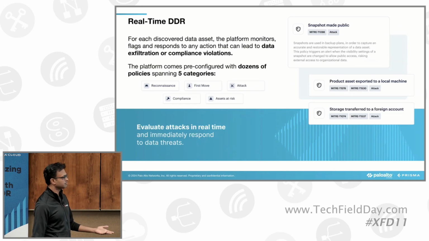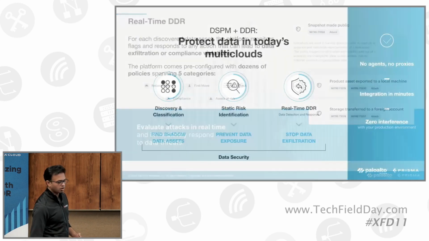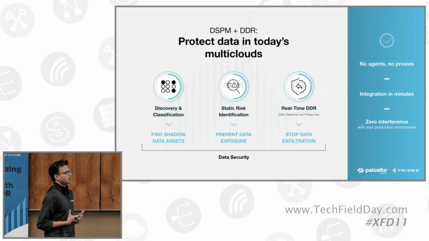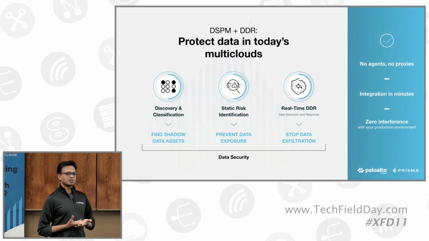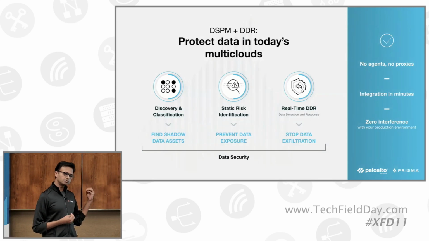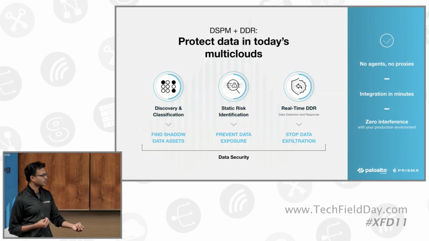So this is what we call DDR, and we'll go through some of these policies during the demo itself. Overall, the way that we look at the lens of data security in cloud more specifically is both DSPM and DDR. You need to understand where your valuable crown jewels are, understand the risk, and ensure that you have visibility to any threats that are out there.